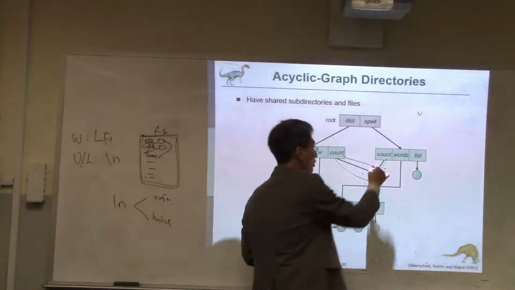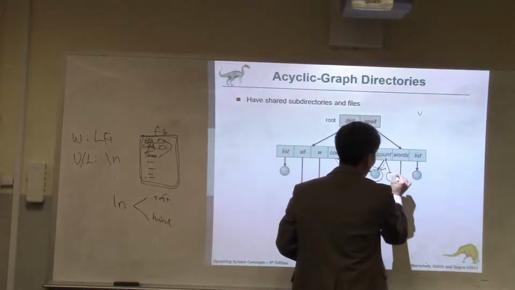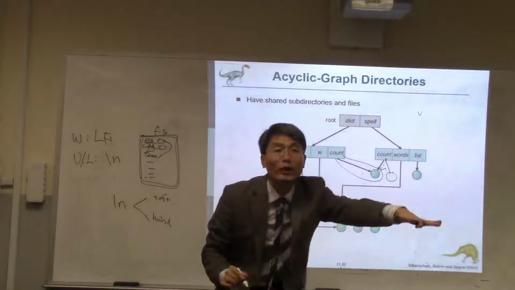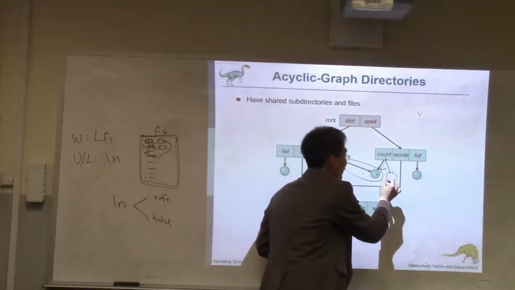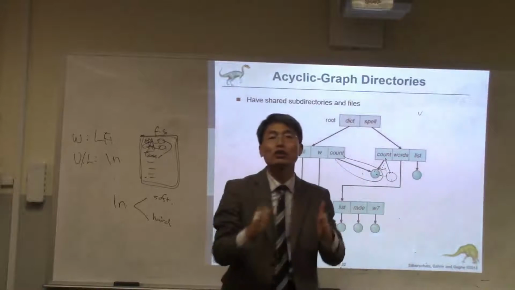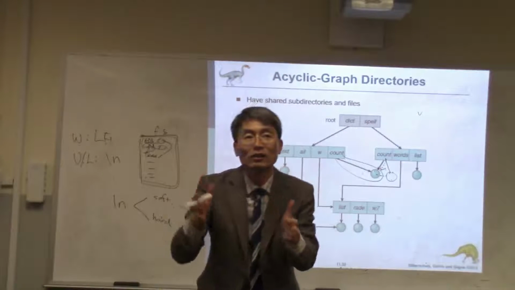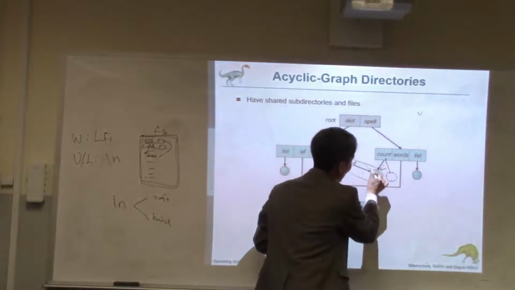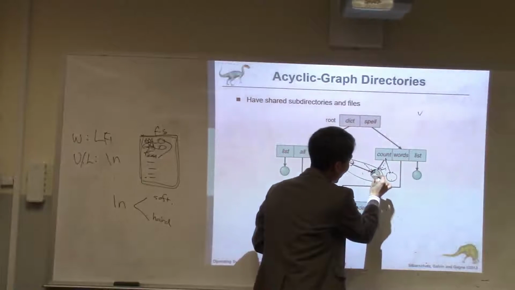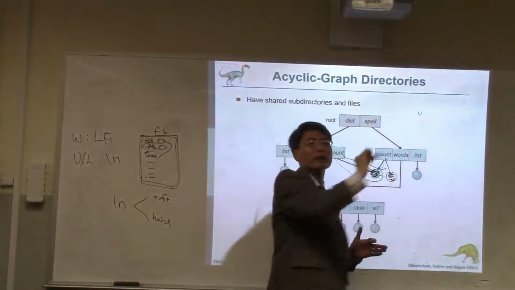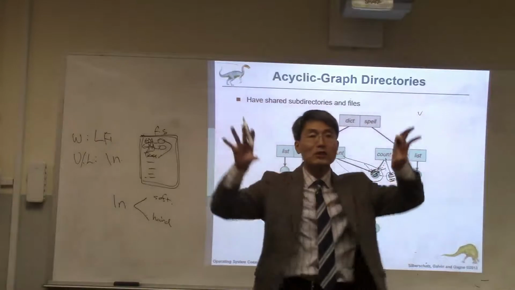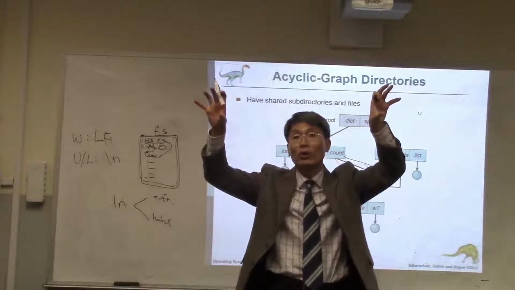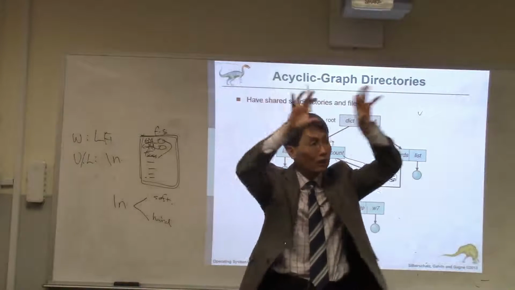A hard link means when you create a hard link under the count, in another directory, it will be copied, but they should be synchronized. Which means if somebody changes this one, like to black, this will be black at the same time. Physically, two copies, clones, and they are synchronized.